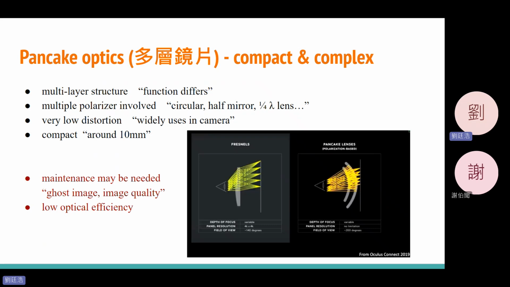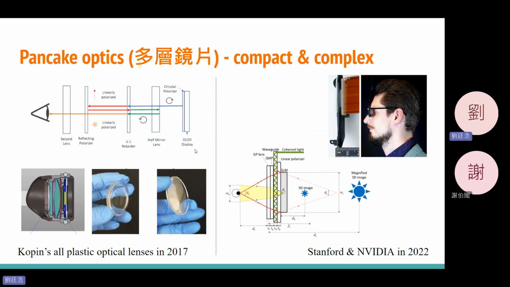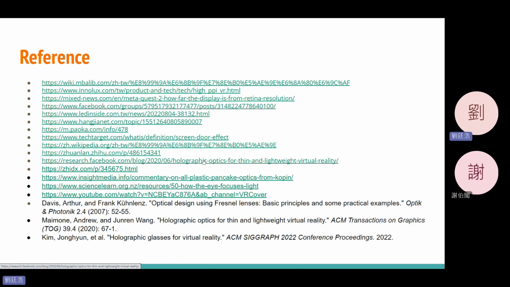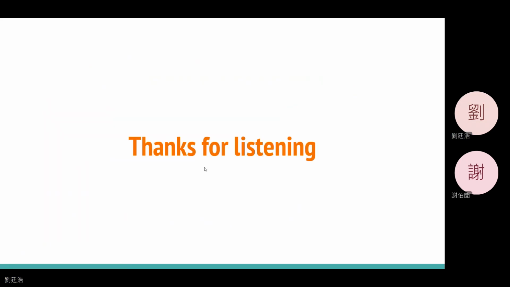However, it has low optical efficiency and is very complex for us to understand how it actually works. And I'm not going to talk about this. And these are a few examples of pancake optics proposed by different companies. And that's practically our report. Thank you very much.